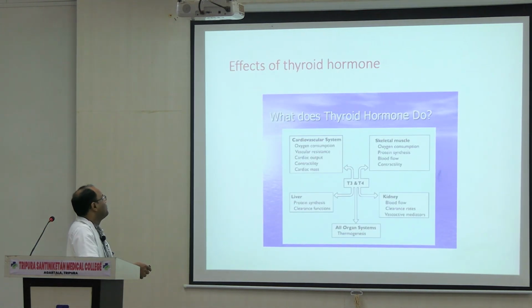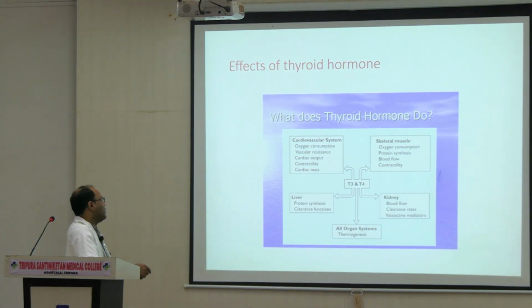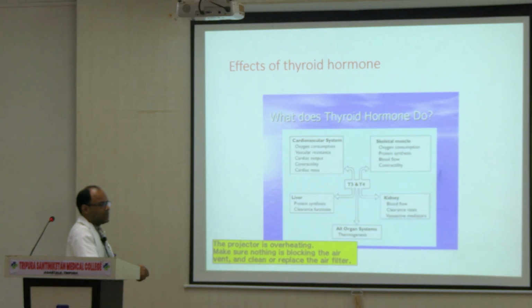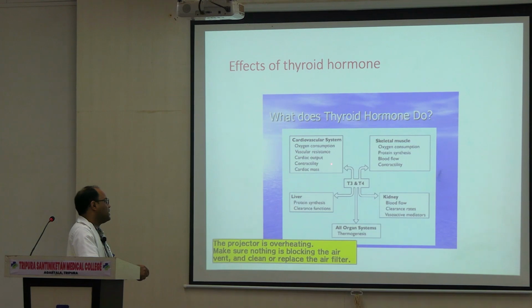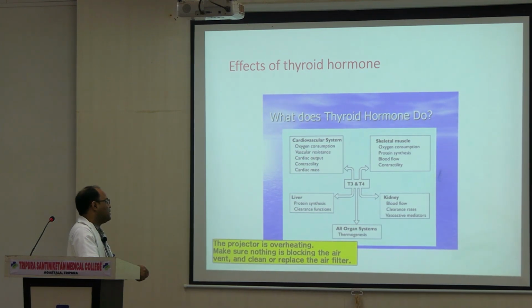Effects of thyroid hormone: what does thyroid hormone do in our body? It has multiple actions. In the cardiovascular system, it increases oxygen consumption, vascular resistance, cardiac output, cardiac contractility and cardiac mass. In skeletal muscle, it increases oxygen consumption, protein synthesis, blood flow and contractility.